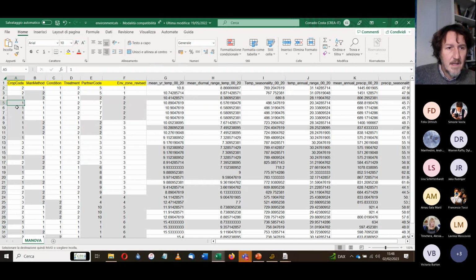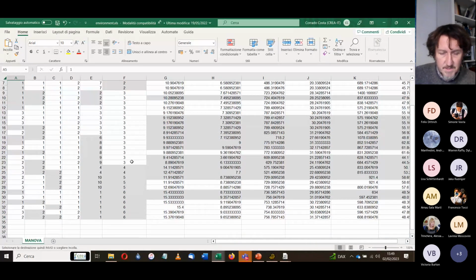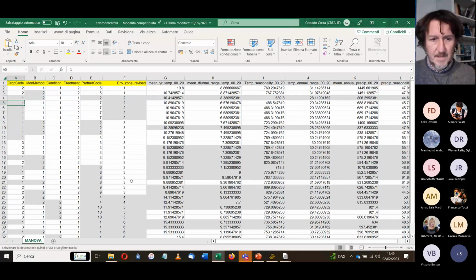So the factors should be expressed with numbers, continuous numbers, 1, 2, 3, here 1, 2, 1, 2, 1, 2, 1 up to 10, and here up to 6. Okay. And that's it. It's better if you have only one sheet inside the file. And these are the basic rules.